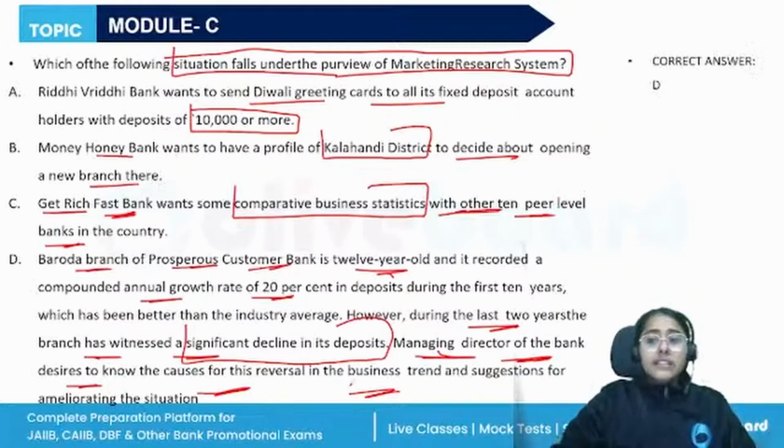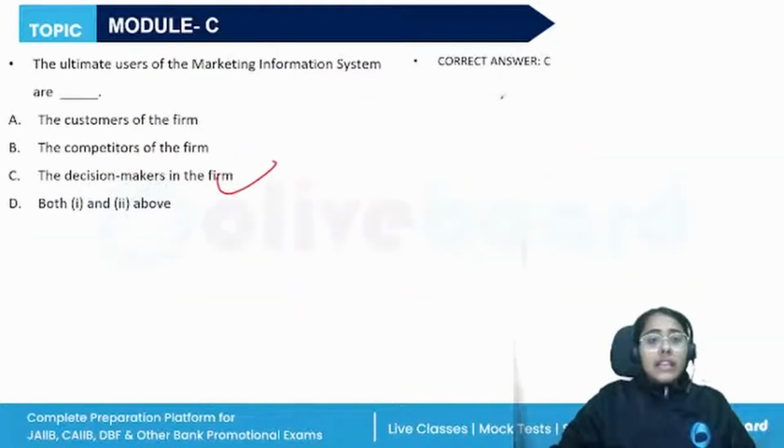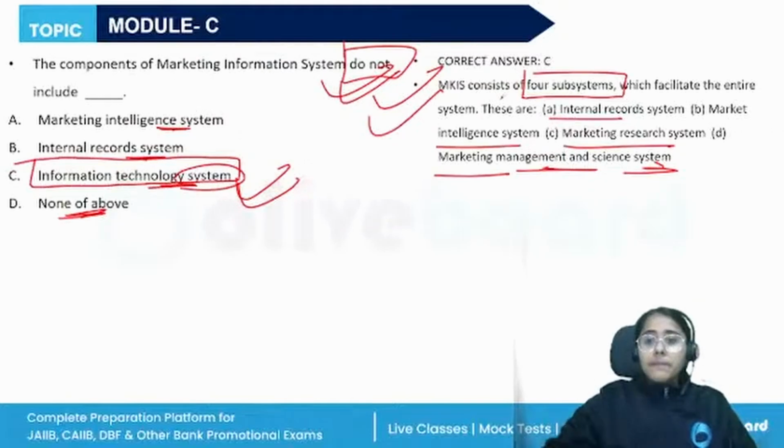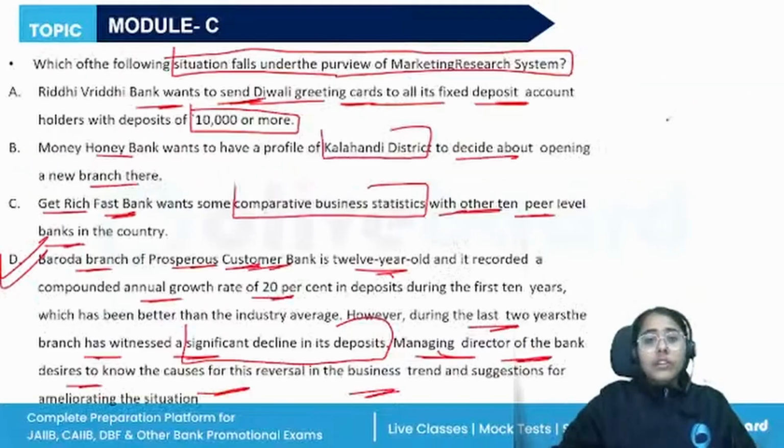So, the marketing research system will be conducted for the Baroda branch of prosperous customer, because they want to know why their sales have reduced, why the deposits have reduced. If we talk about the Riddhi Vriddhi Bank, they want to send Diwali greeting cards to all its fixed deposit account holders. So they can use the internal record system. They can see which customers have a deposit account.